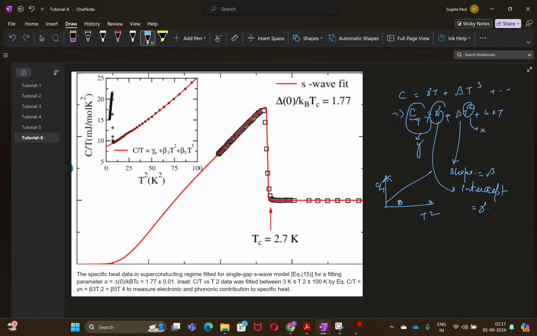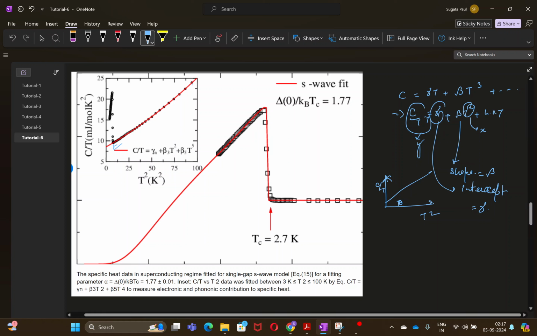In this case you can see the experimental data as black dots, and up to this temperature, this red line fits the experimental data very nicely.